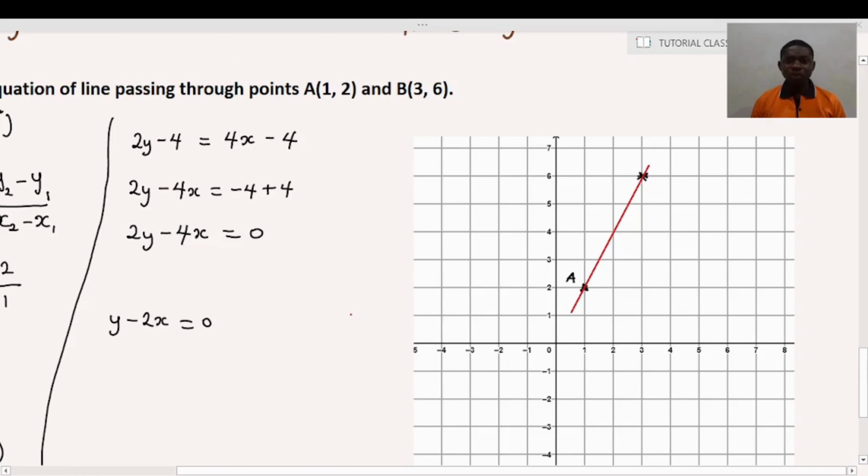Now we've been able to plot this graph. Let's now look at it. If we look at this graph carefully, where point A says x, y, which is 1, 2, and point B says this, right?